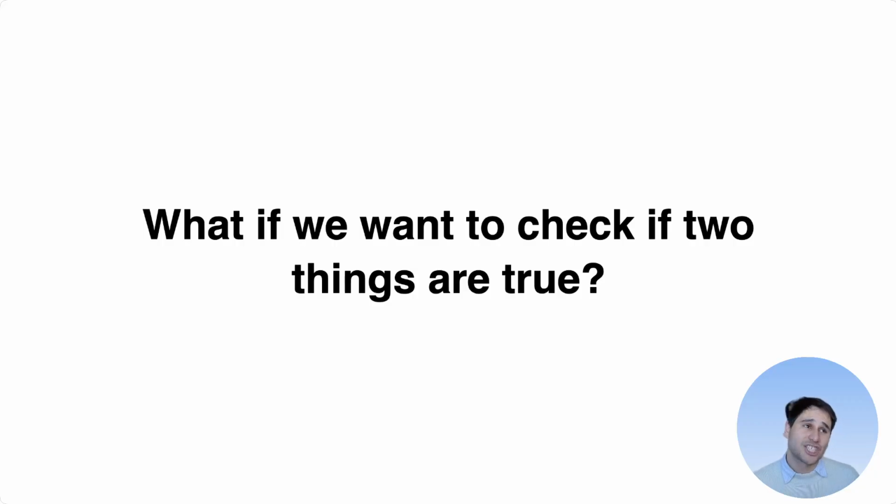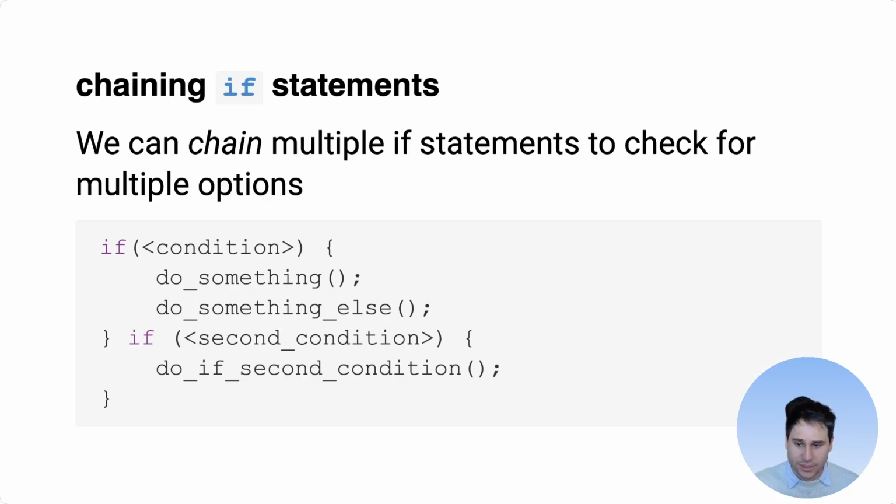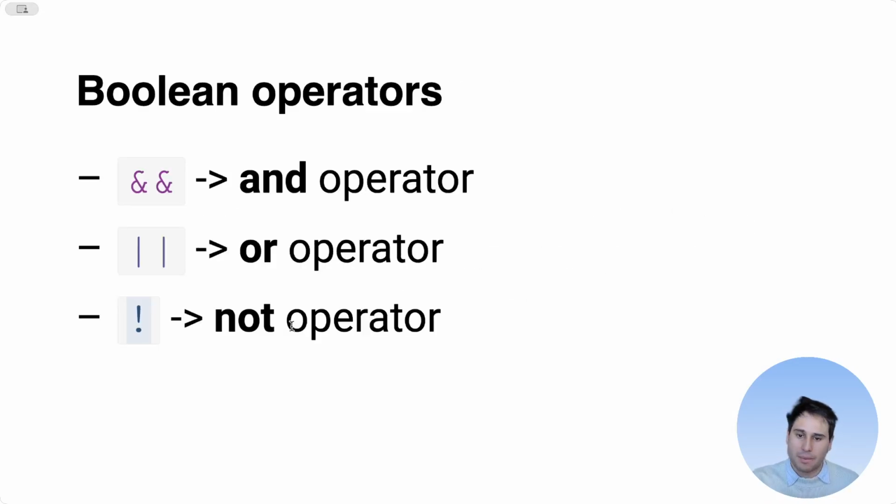Sometimes the questions we want to ask are more complex. So how do we check if two things are true? What I mean by this is how do I chain actual questions, right? So not different statements like this, but in the one expression. And so we have more Boolean operators that are really, really important.